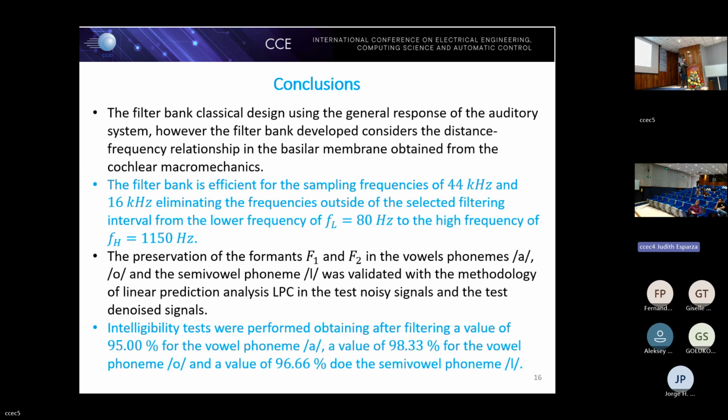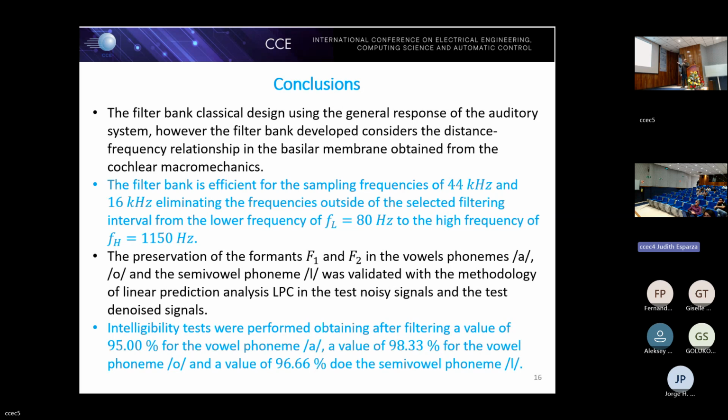This is the standard frequency of the wave format. I work in this audio format, and I select the interval corresponding to the low frequency of 80 hertz and the high frequency of 1150 hertz.